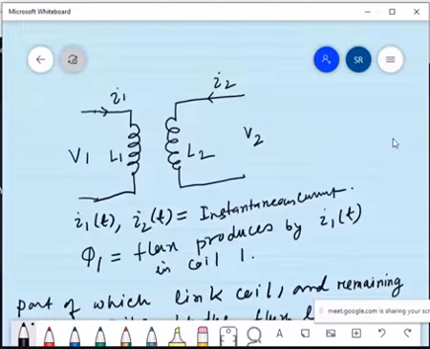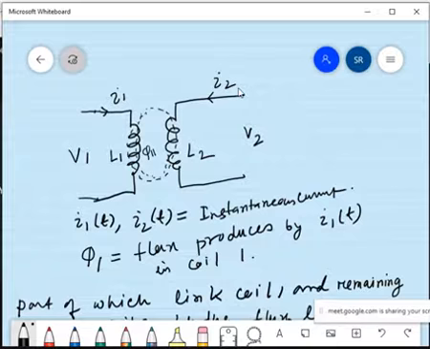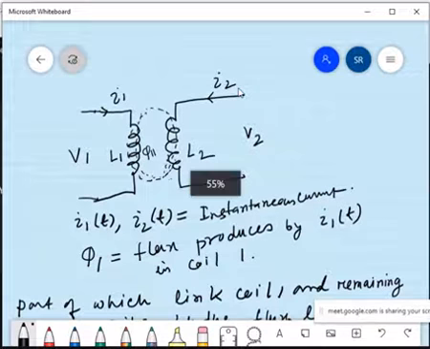So here we can see the flux. One is phi 1. The flux linking to coil 1 is phi 1 1, and the flux linking to coil 2 due to this current is phi 2 1. So this one is phi 2 1.